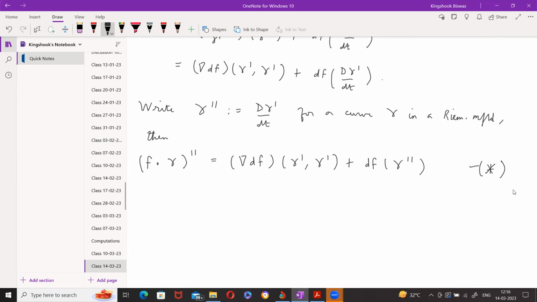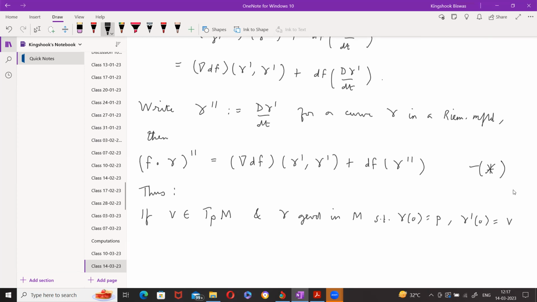Thus, if V is a vector in TPM and gamma is a geodesic in M such that gamma 0 is P, gamma prime 0 is V. In this composition formula, if gamma is a geodesic, then gamma double prime is 0, right?